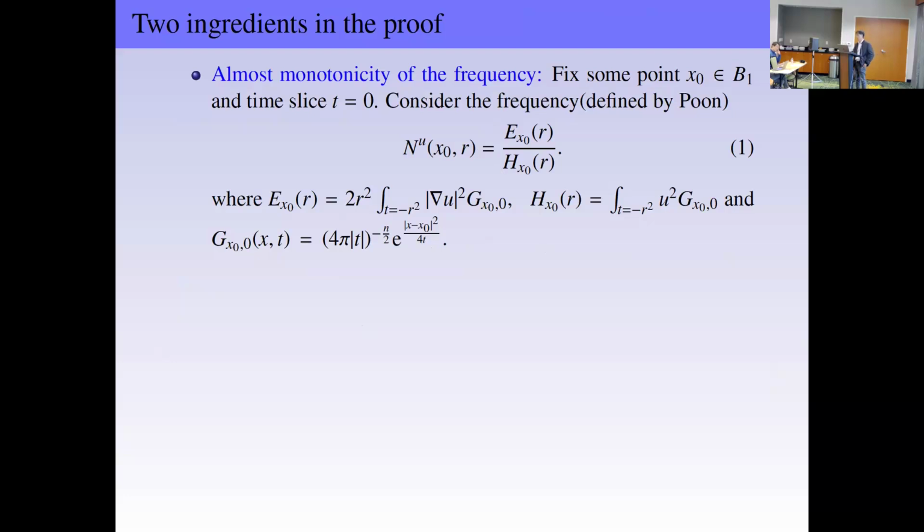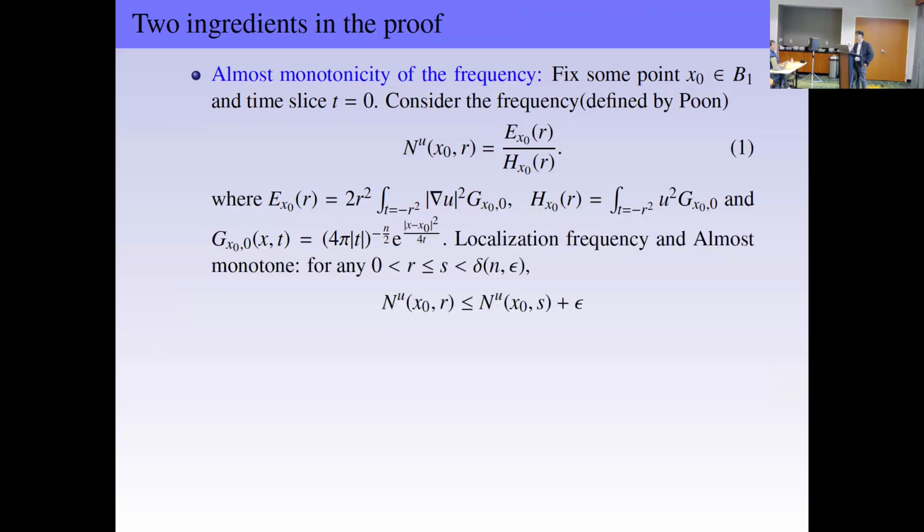Since we consider a locally defined function, we need to localize this frequency. First, we localize this frequency, and we can prove that the localized frequency is almost monotone, but not exactly monotone. The almost monotonicity is in this sense: for any R and for any S very small, we can prove such an inequality.